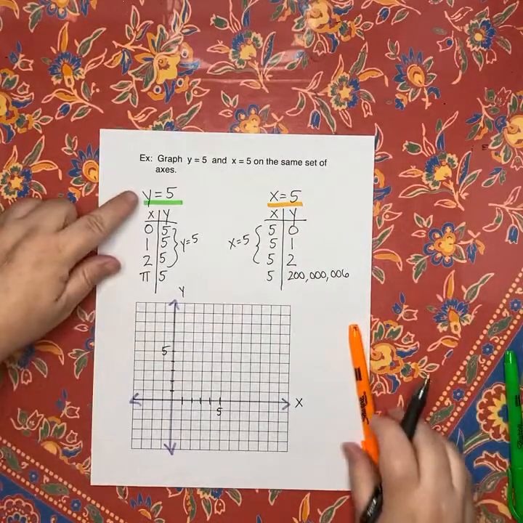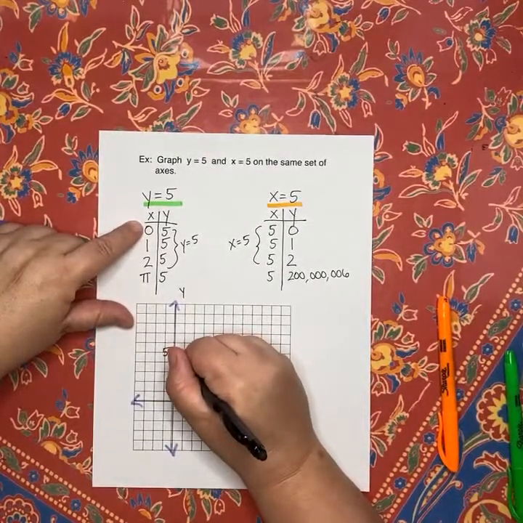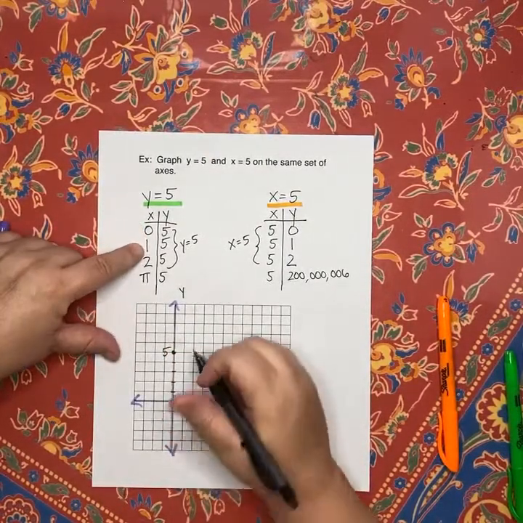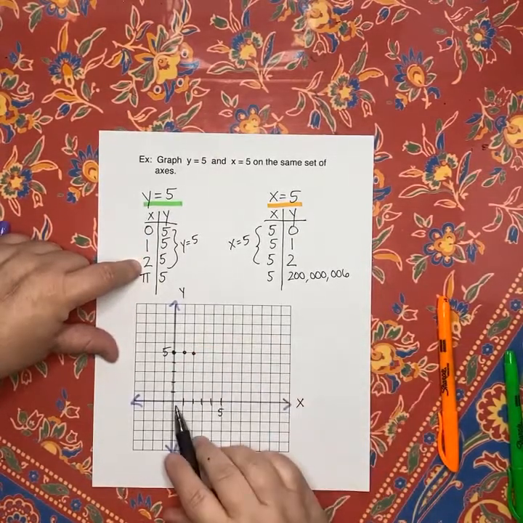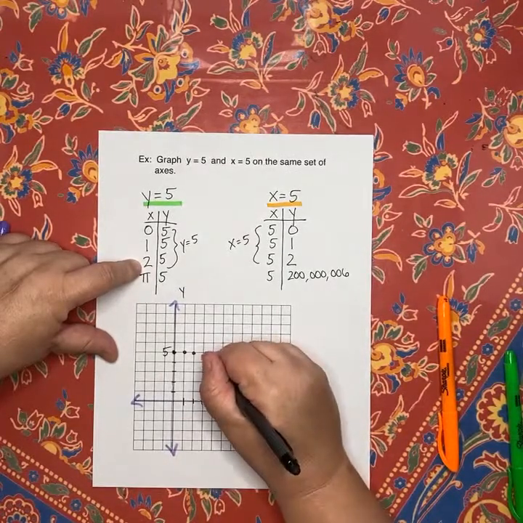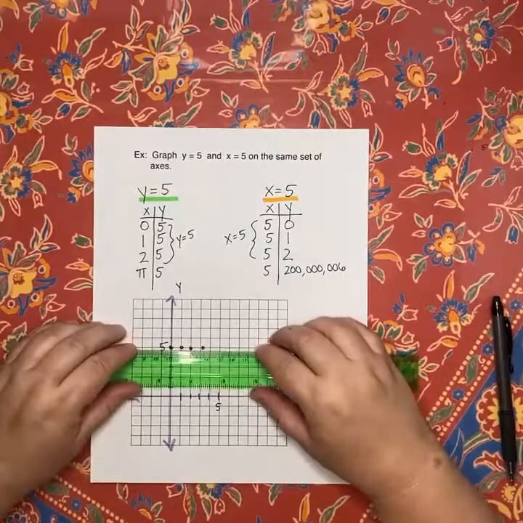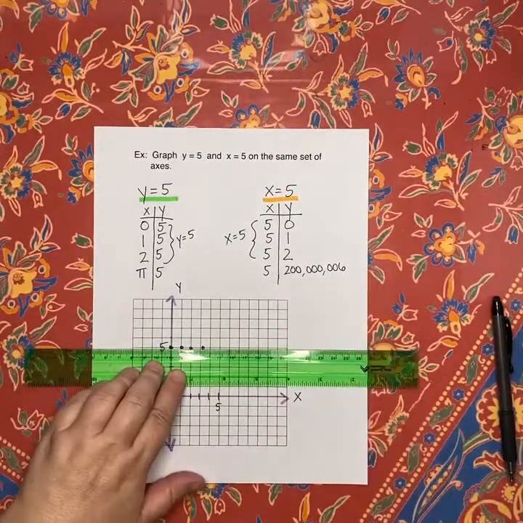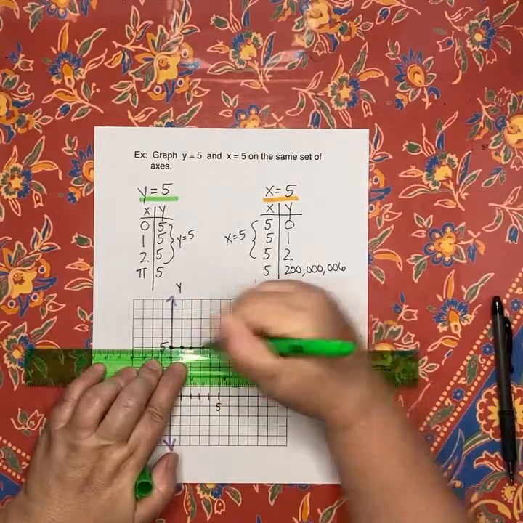For y equals 5, I've got the point (0, 5), (1, 5), (2, 5), and then that weird pi. Pi is just over 3, so (pi, 5) is kind of right there. So we can see y equals 5 is going to be a horizontal line.